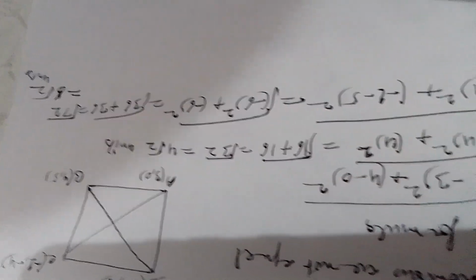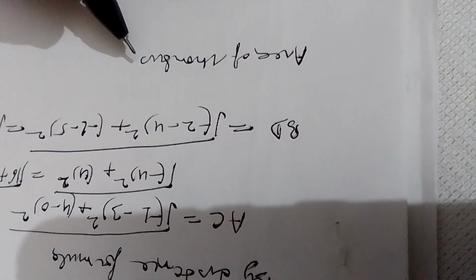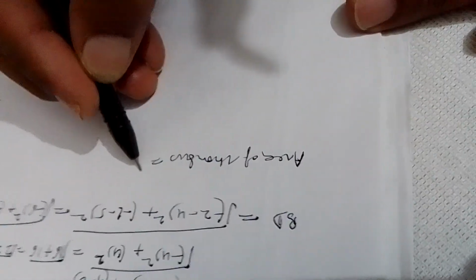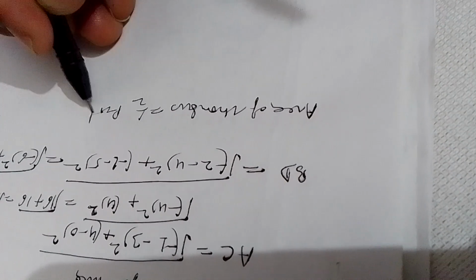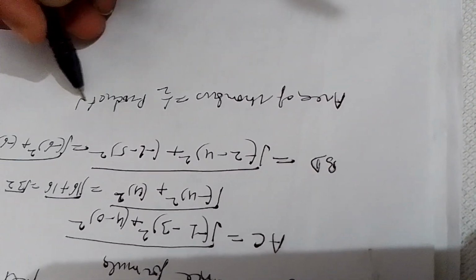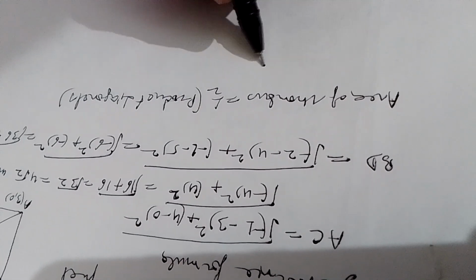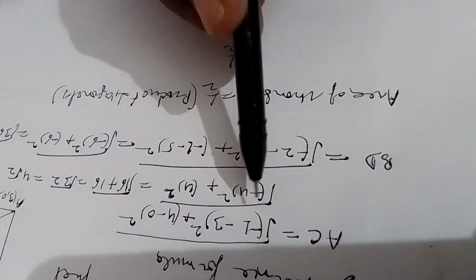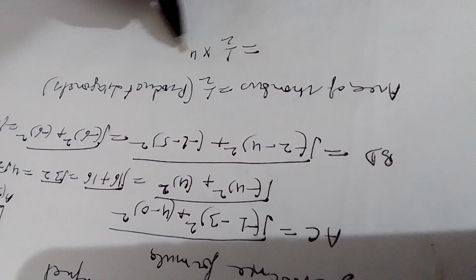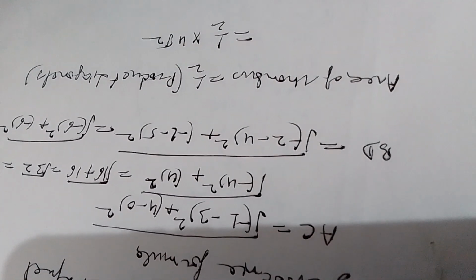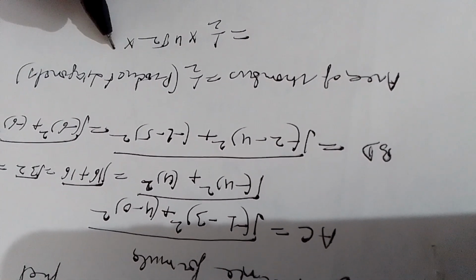Now area of rhombus, as given in the hint, is equal to half the product of diagonals. So half, diagonal AC we have calculated 4 under root 2 and BD 6 under root 2.